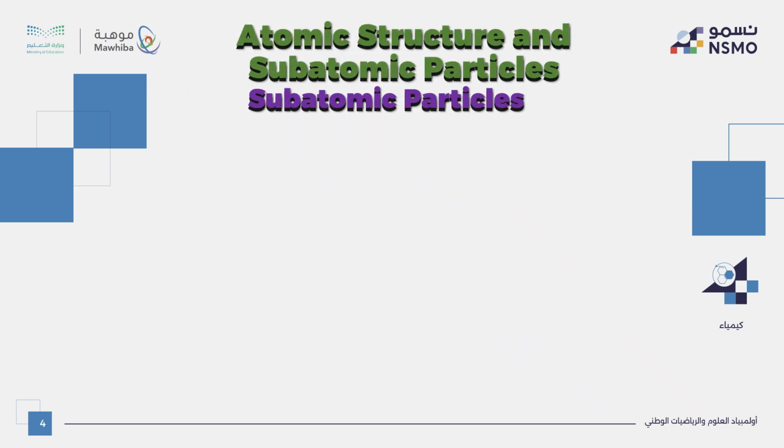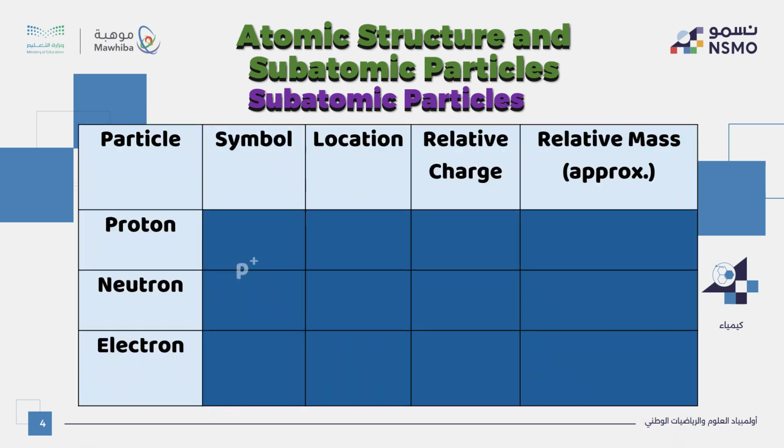Now let's examine the table of subatomic particles. A proton, with the symbol P plus, is located in the nucleus and has one positive charge and a relative mass of 1 AMU. A neutron, symbol N0, is also located in the nucleus, has no charge, and a relative mass of 1 AMU.